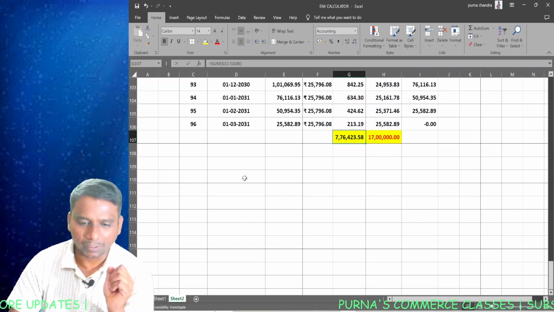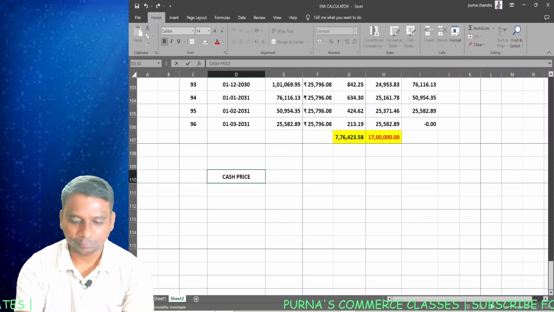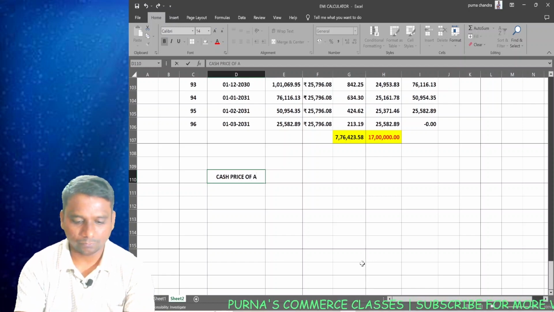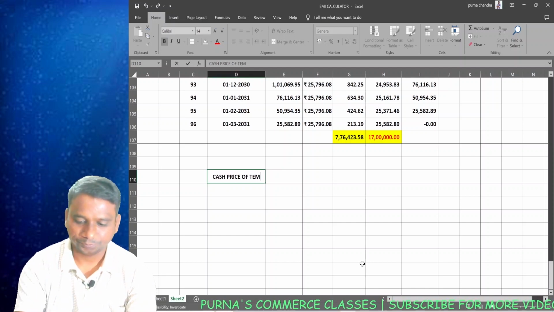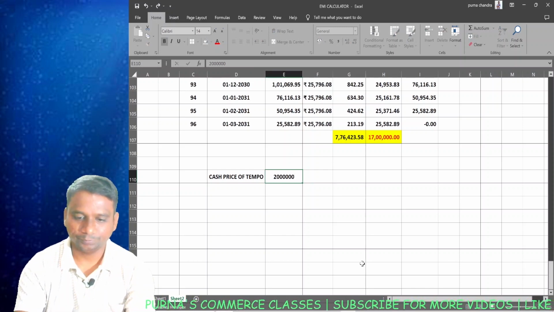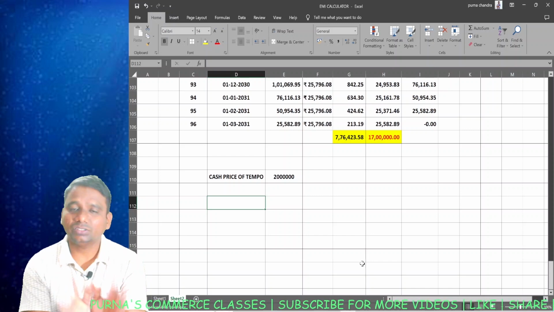Now you people tell me, actually, what is the cash price of tempo? 20 lakhs, 2 tempos. But whereas if you pay cash, then 20 lakhs.